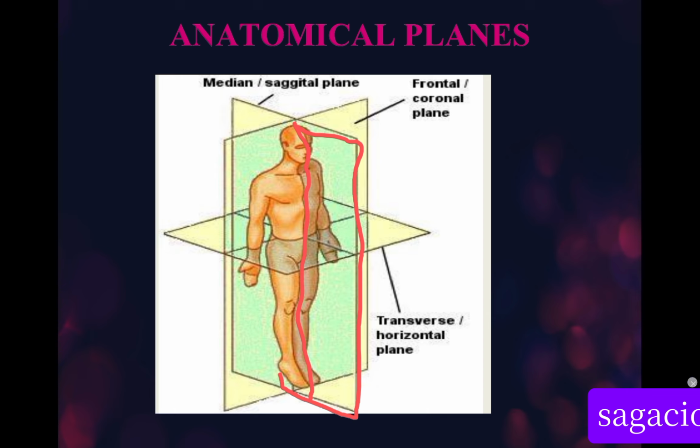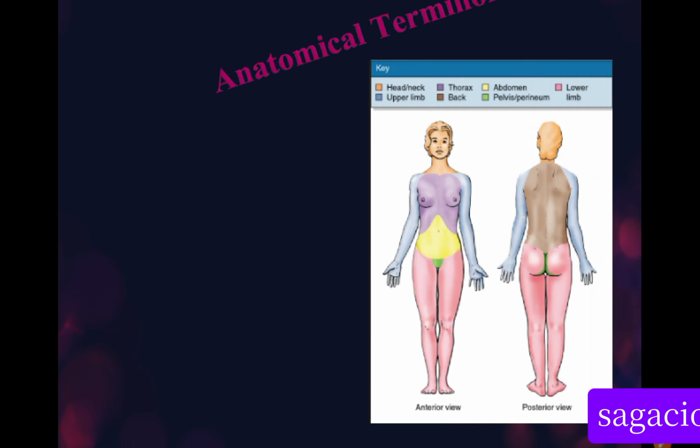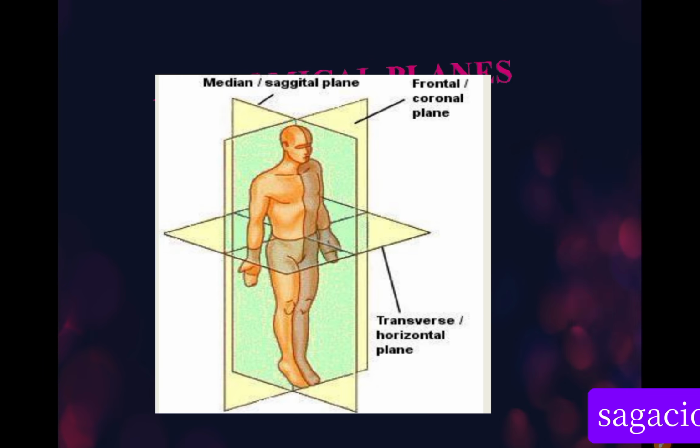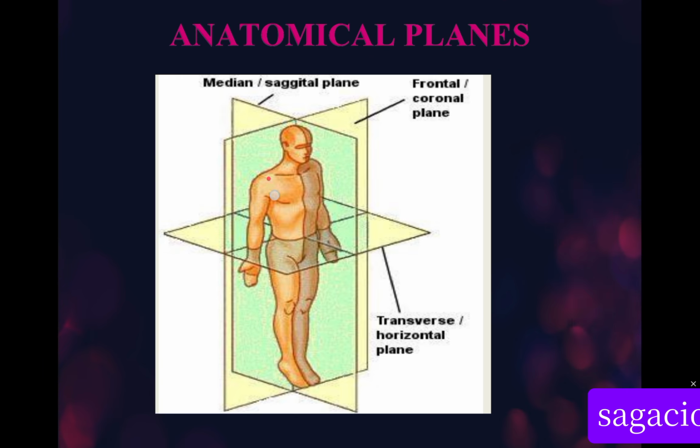So when we talk about the sagittal plane, for example, when I take a straight line, this is called a sagittal plane. They do not divide the body into two equal parts. Look at this region, from here and from here, which one is bigger?